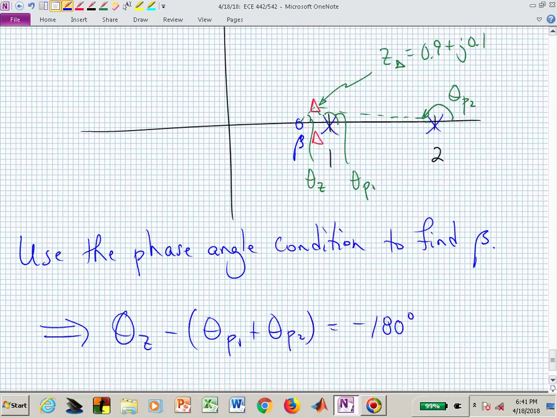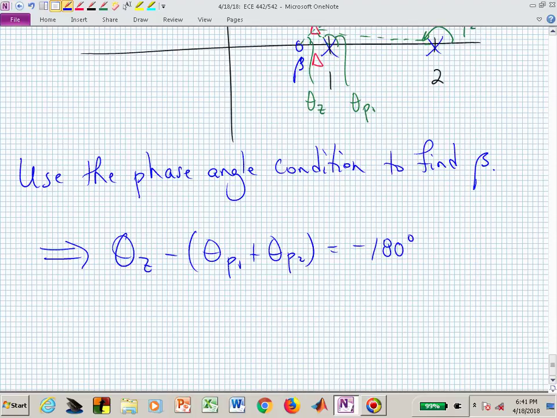What's theta p1? That one we can actually determine by inspection, right? We go up 0.1 and over 0.1. We know the acute angle is 45. We'll just take that away from 180. So theta p1 is 135 degrees. We know this angle.